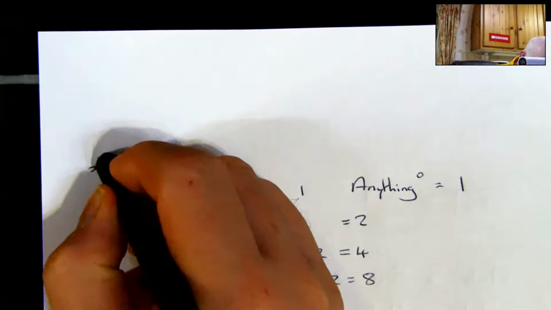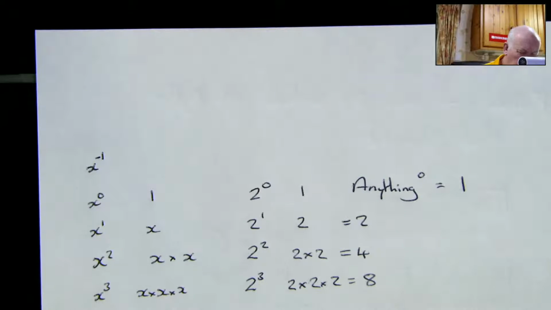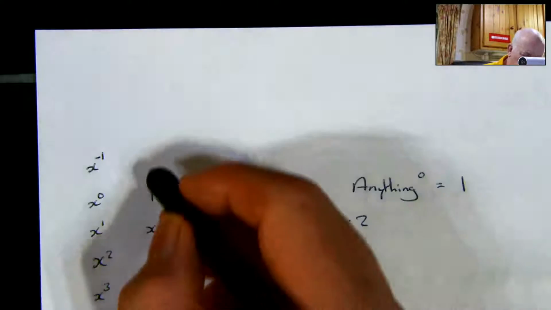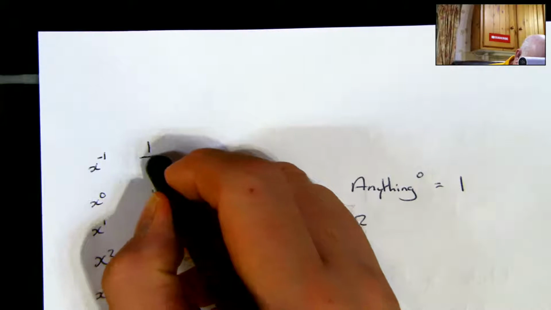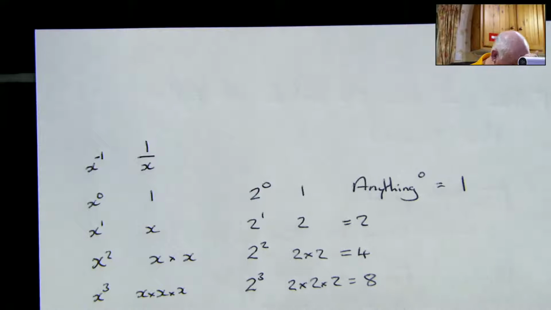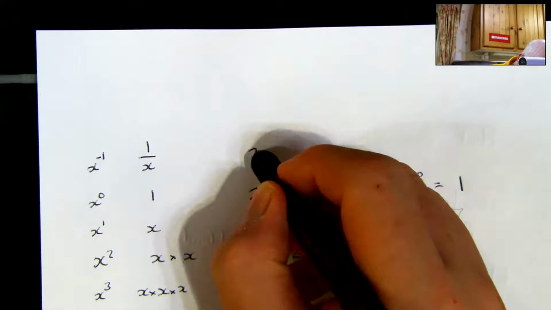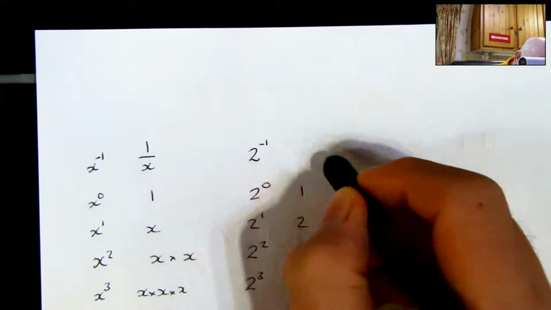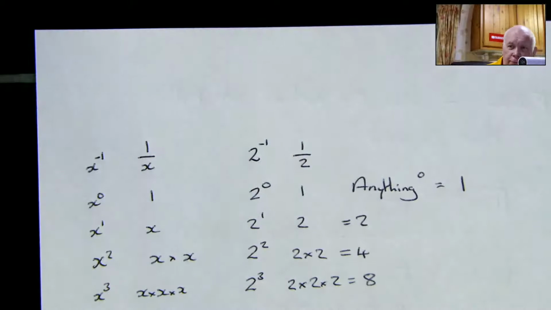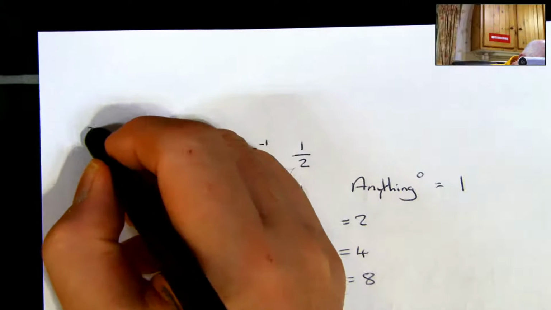Let's go further along. X to the minus 1. Where do we go with x to the minus 1? Well, minus in this case means 1 over. So this is going to be 1 over x. Doing it with the 2, this is going to be 2 to the minus 1, which is going to be 1 over 2, which is a half. And do it once more.